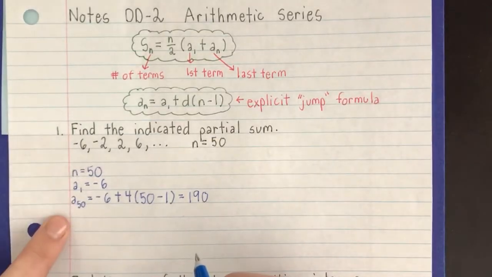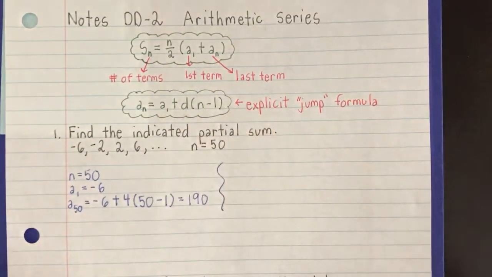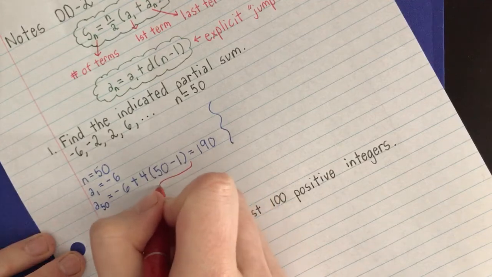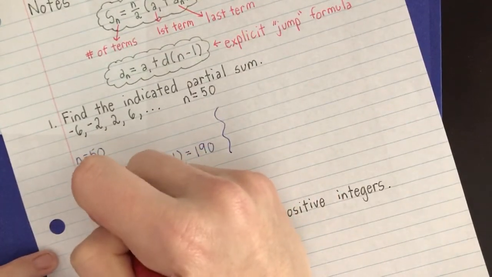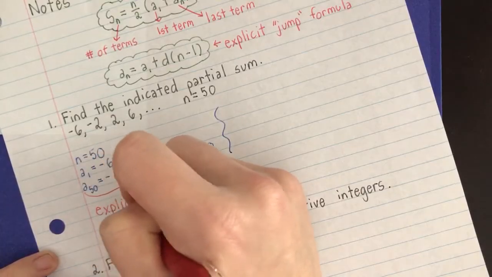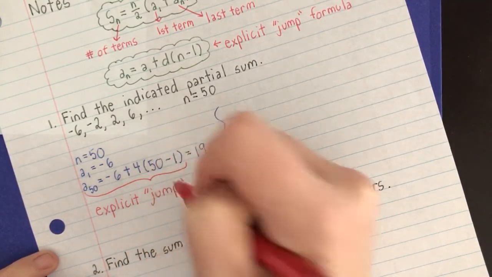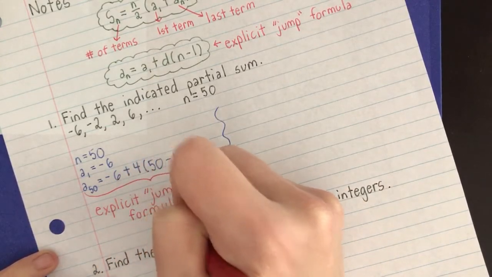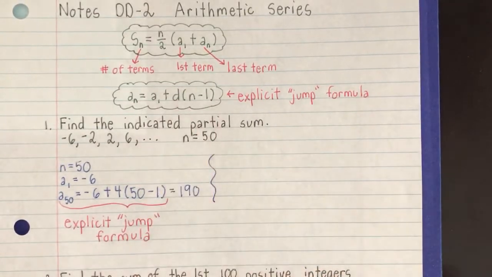So once you have your 3 pieces to the puzzle here for your formula, you can go ahead and plug in. I do just want to notate that this right here is using our explicit jump formula. Okay, sometimes you won't be provided all of the pieces, and so you must use that jump formula.